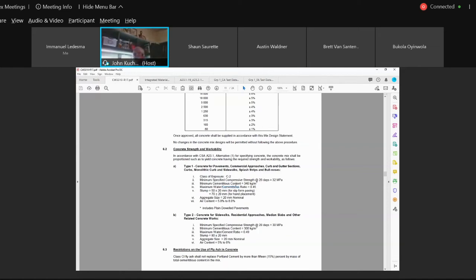So here's the criteria that our mix has to meet. We're going to design for a slump of 75 plus or minus 20 millimeters, essentially 50 to 90. That's going to tell us how much water we need. Obviously, if the slump is higher, you're going to need more water because you want to make it more workable. Remember, some people say slump is a test to determine workability.